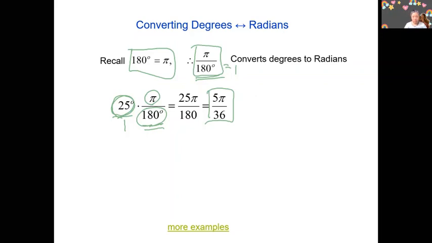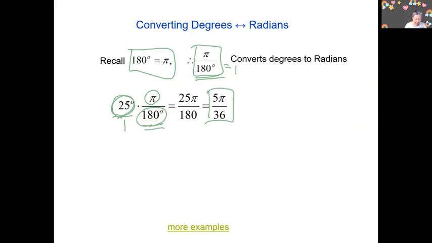Any questions? Does it make sense? Okay. A lot of the practice problems on 8.3 are this conversion, okay? So what do we do to convert radians into degrees?